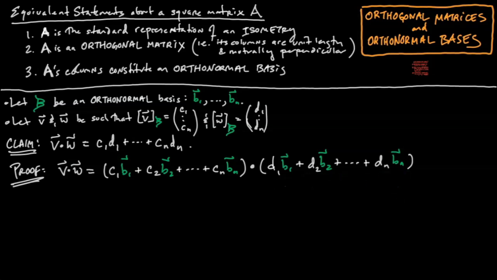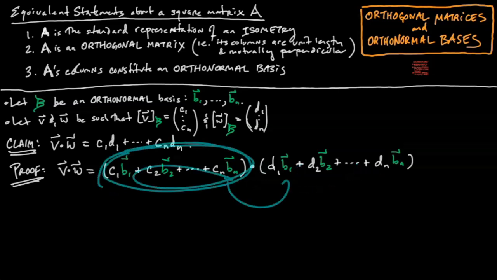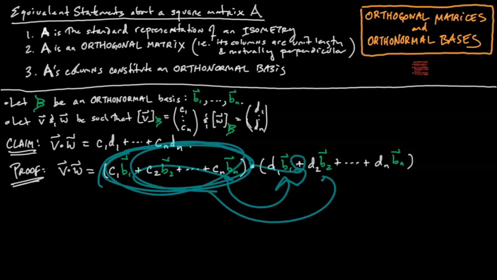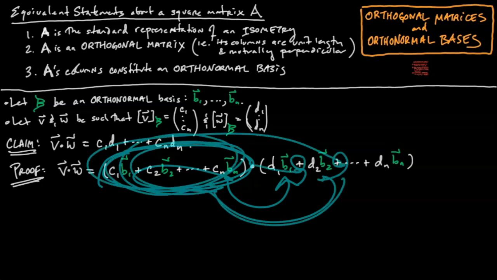And now, remember how I said that in chapter 1 we proved all of those many properties of the dot product that did not depend on coordinates in any way? Well, we're going to use those properties to rewrite this in a much nicer form. One thing we said was that the dot product distributes over vector addition. So I can take this whole thing and say it's this dotted with the first term, plus this whole thing dotted with the second term, plus this whole thing dotted with all the way down.